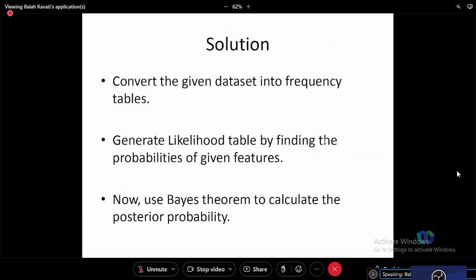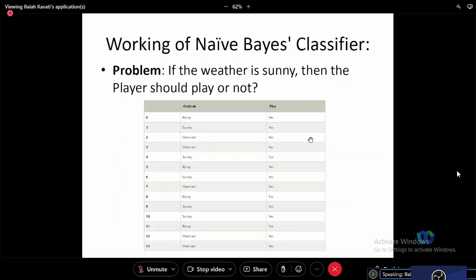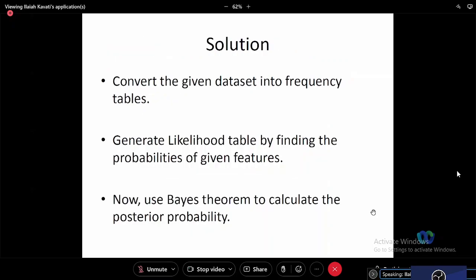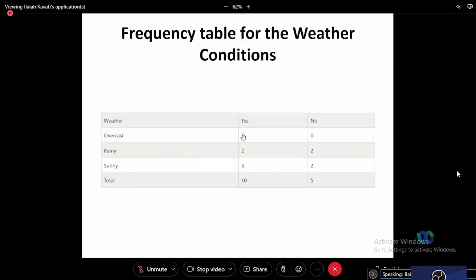You can see here the overcast records: the second record, third record, as well as the 7th, 12th and 13th. If the weather is overcast, then play was there every time. So overcast, play was there for 5 times, and 0 no cases, right?